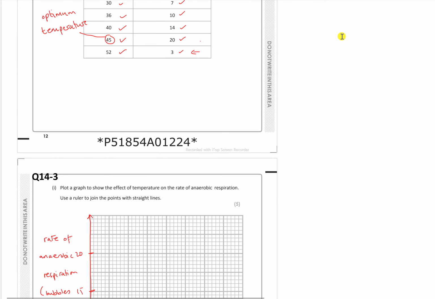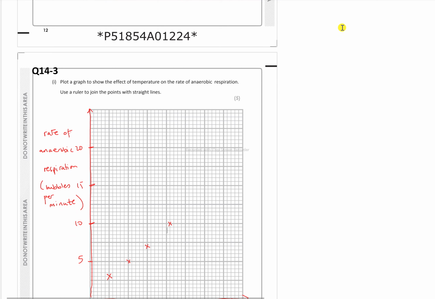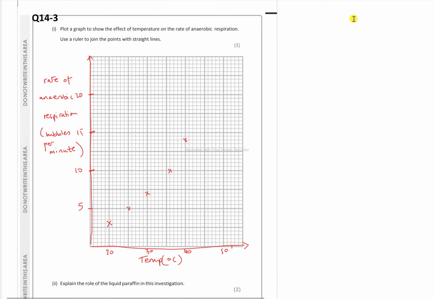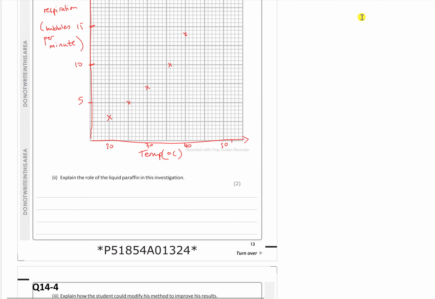And it's 40, 14. 40 and 14 is there. 45 and 20. And then 52 and 3.